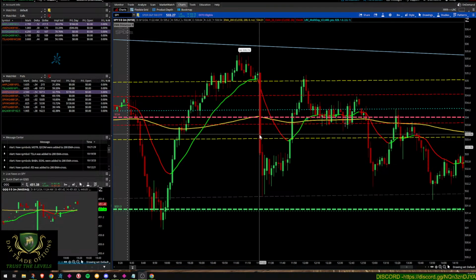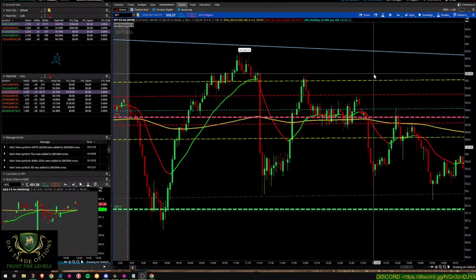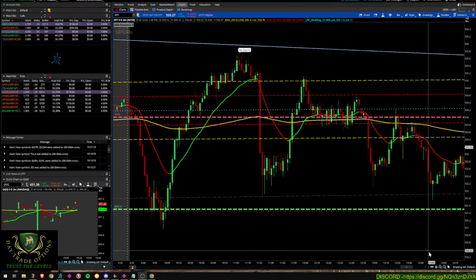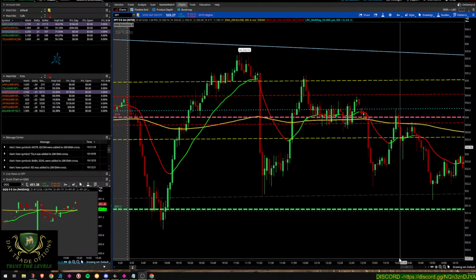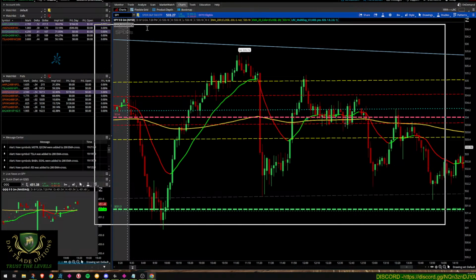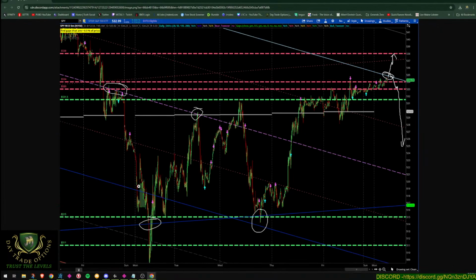So, without further ado, I will get into today's trades, and I will start first. I'm going to bring over a copy of this, one of the charts that I put in our trading charts for the group.